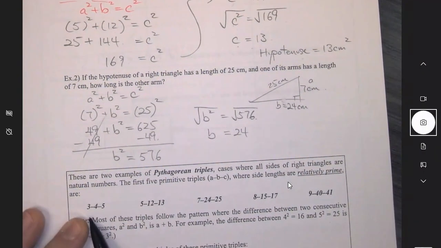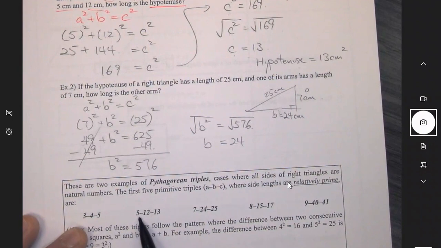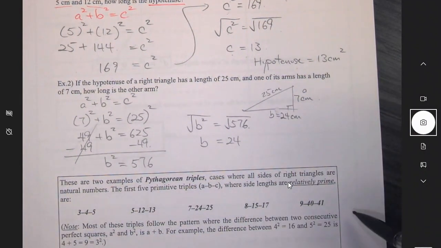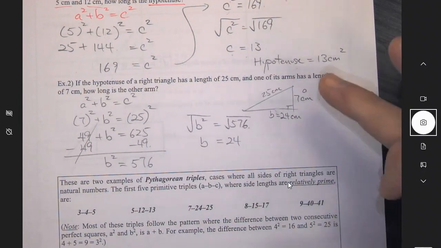If one side is 3, the other side is 4, the hypotenuse would be 5. If one arm is 5 and the other arm is 12, the hypotenuse is 13. They noticed these kinds of patterns, and this is what we call Pythagorean triplets.